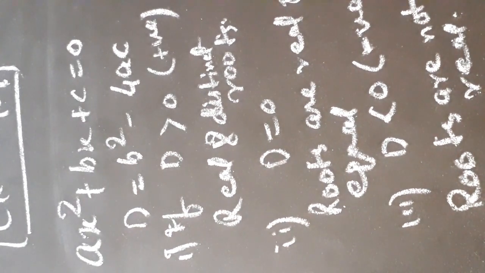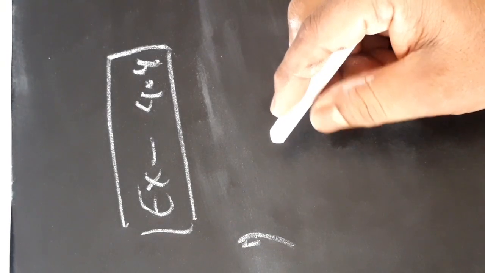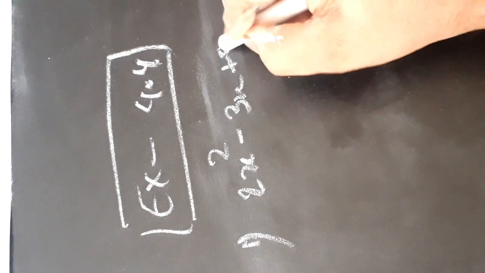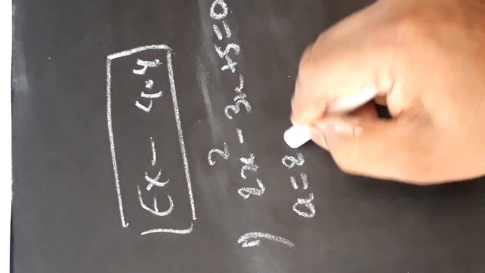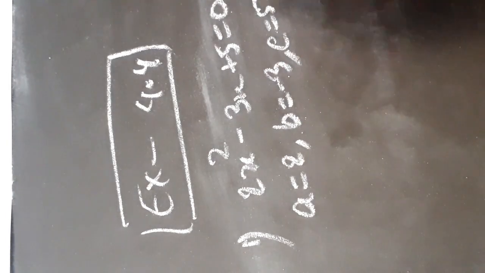Now we will use these conditions to find the nature of the roots. The first equation we have is 2x² − 3x + 5 = 0. Here a = 2, b = −3 and c = 5.